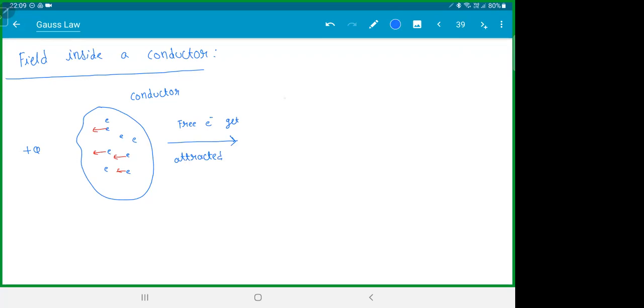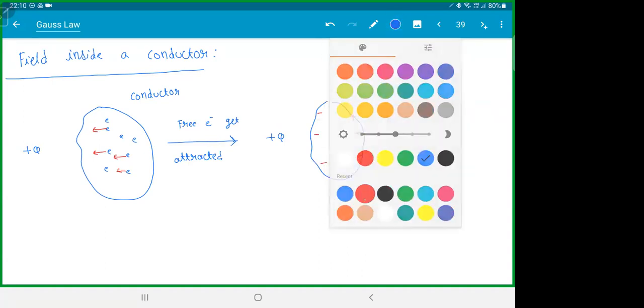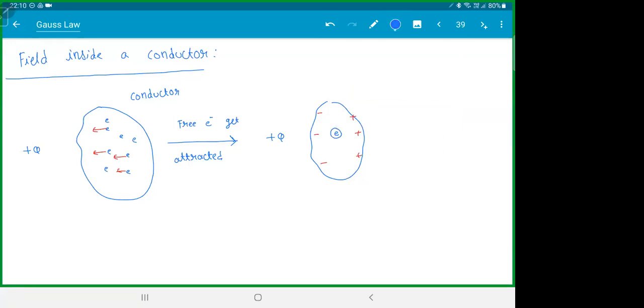Now, because they're getting attracted, what will happen? This side will start becoming negative. This side starts becoming positive. So on the electron in the middle, now there are two forces acting. The induced forces are attracting this way.